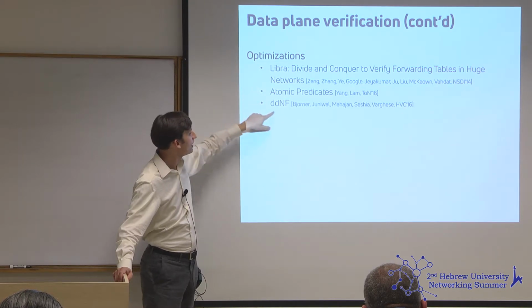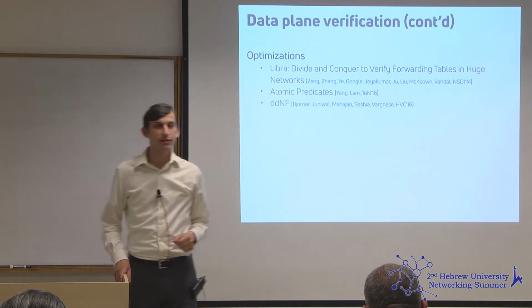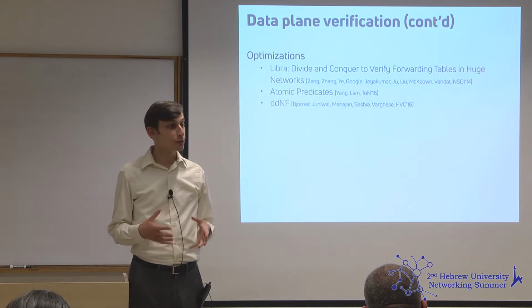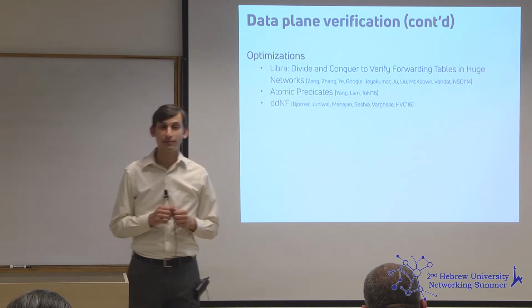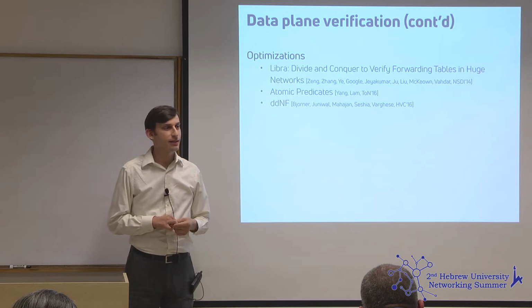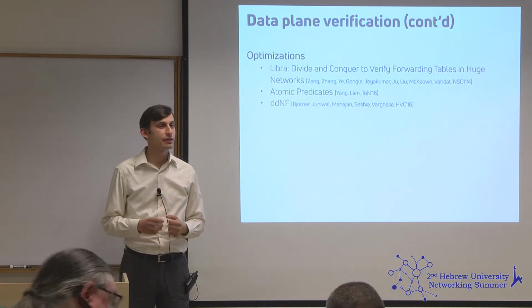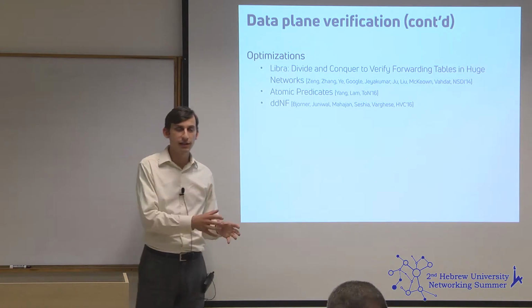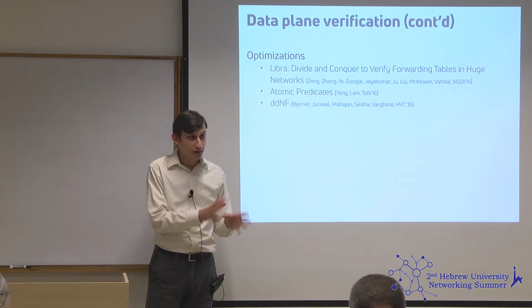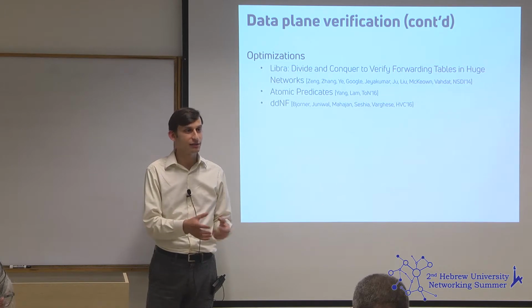Atomic predicates and DDNF both deal with how you represent a set of packets. And that's different in these different designs. Whether you're doing that implicitly with constraints, like in a SAT solver, you're describing sets of packets by the constraints.